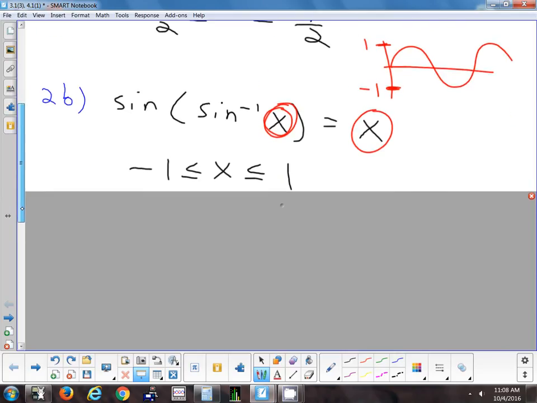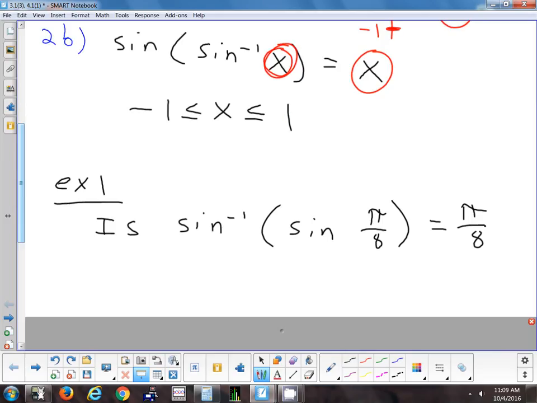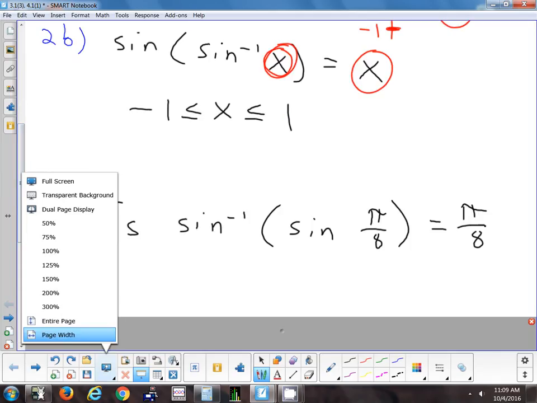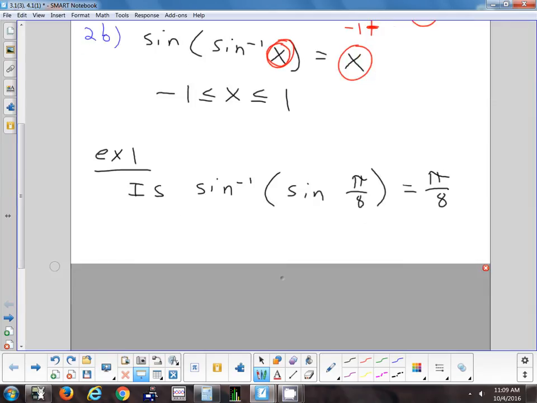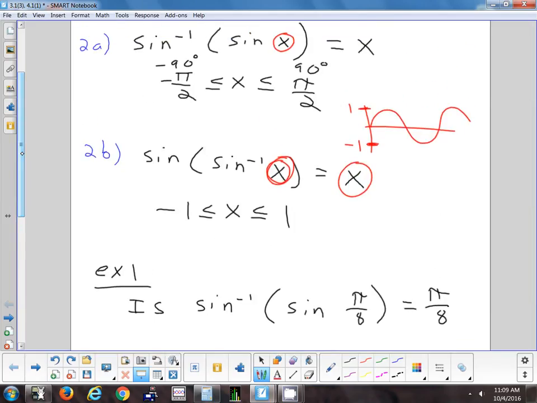All right, so the kind of problems you'll see on the test. It could be something like this. This is a yes, no, or a true, false kind of question. Is the inverse sine of the sine of pi over 8 equal to pi over 8? So first of all, I want to figure out which formula this one follows.